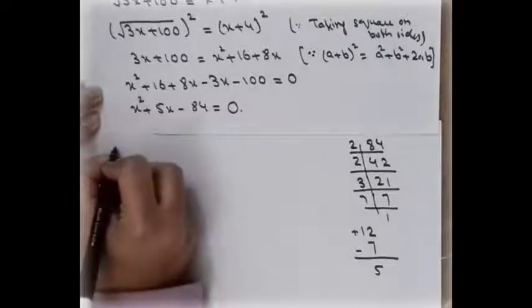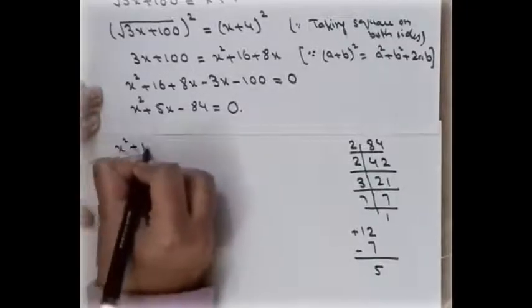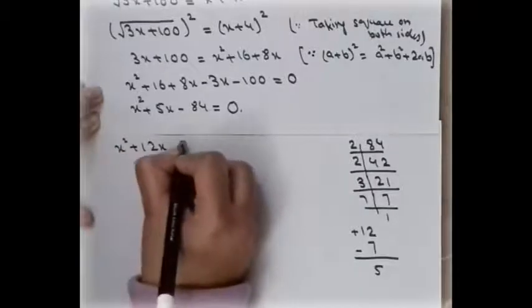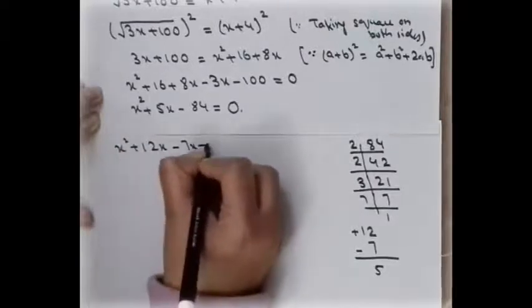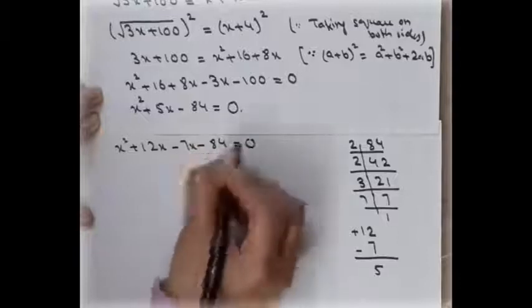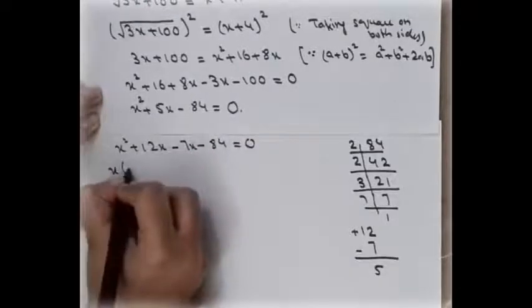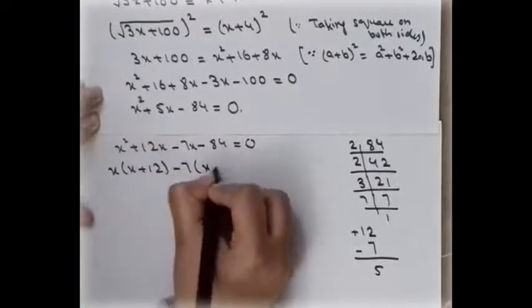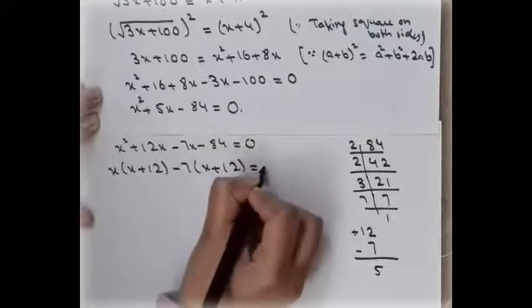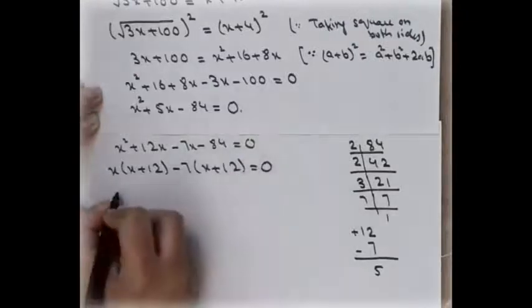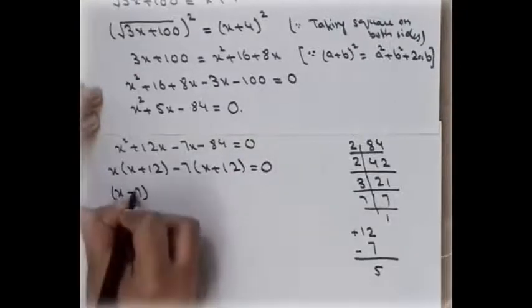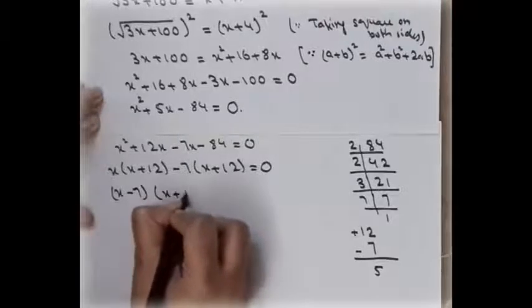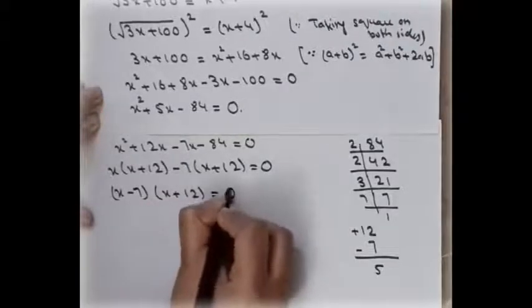We can write x squared plus 12x minus 7x minus 84 equals 0. Now we take common factors: x(x plus 12) minus 7(x plus 12) equals 0. Now we can write (x minus 7)(x plus 12) equals 0.